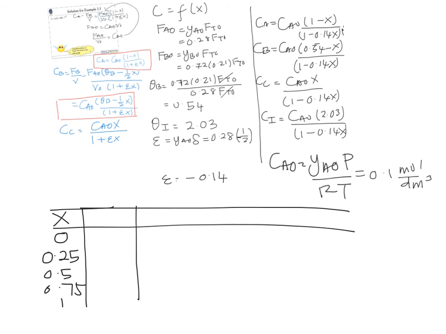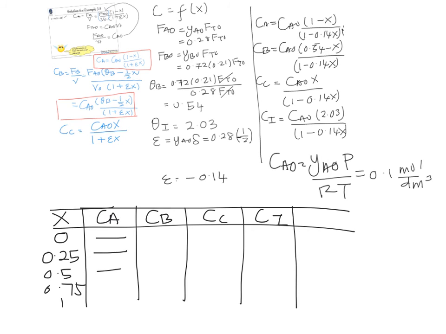Then you have the concentration of species A, B, C, and the inert. You replace the value of X into each equation and you will get the concentration at that particular conversion.